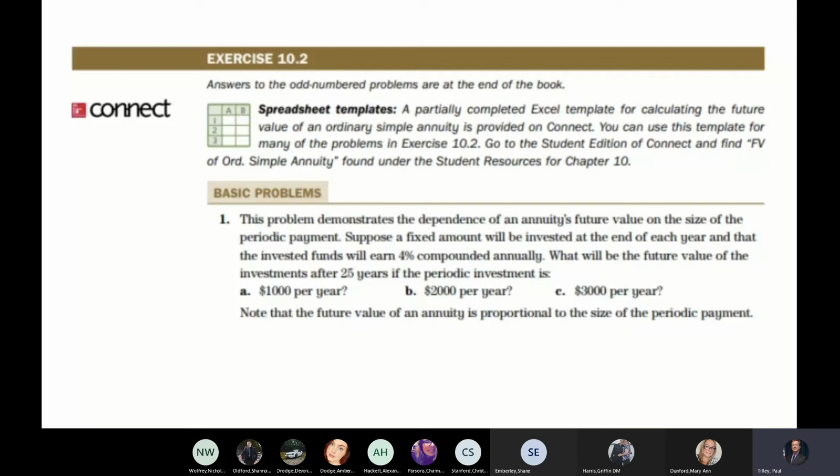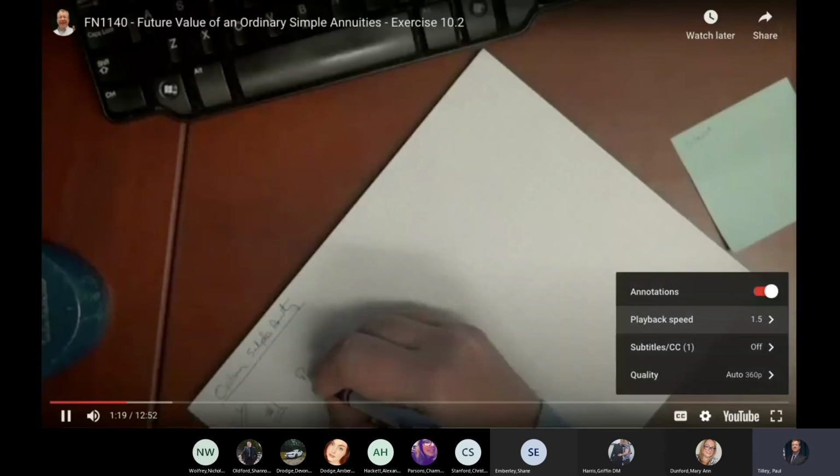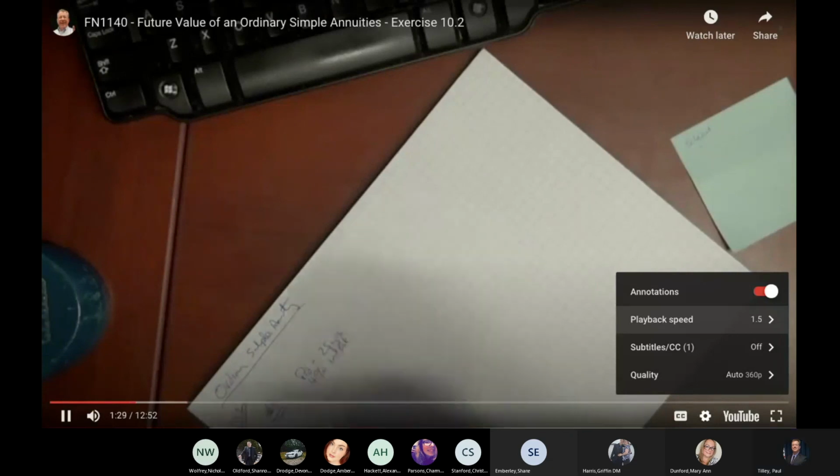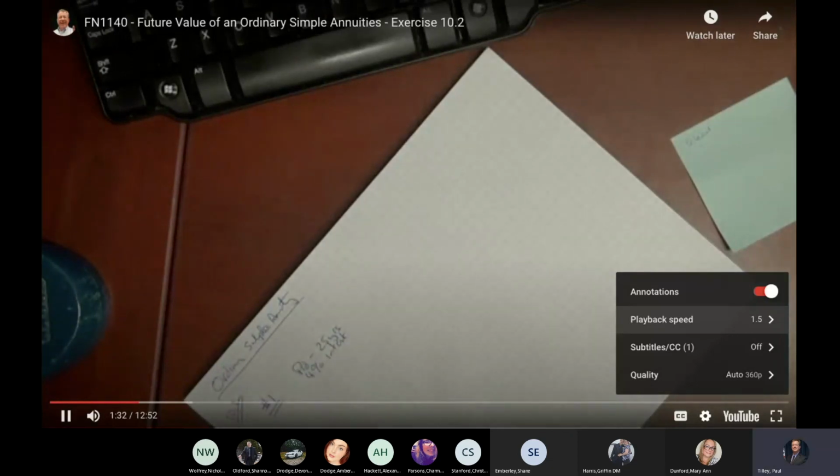The payments are made every year, and the compounding is made every year. So we've got annual compounding and payments at the end of the year, once a year, once a year. Yes, it's an ordinary simple annuity. So the period is 25 years. We've got 4% interest, compounded annually, so we don't have to do anything with the 4% amount.